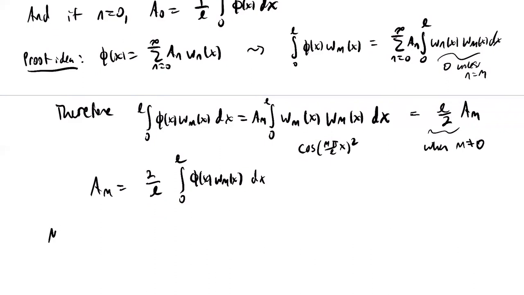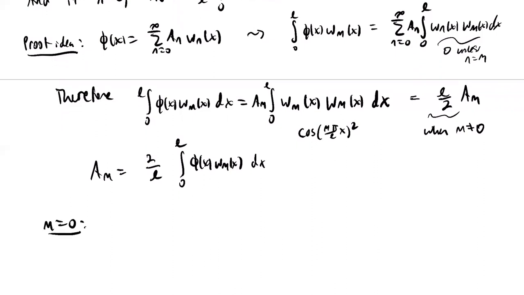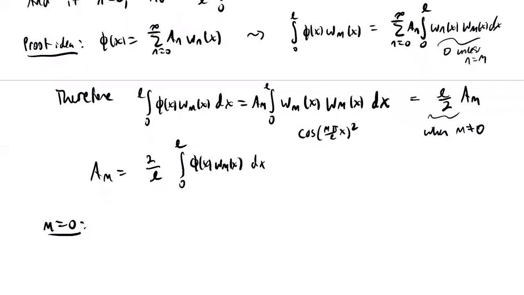Let's do the m equals 0 case independently, and this should clarify the confusion from before, so I apologize for that. Well, in the m equals 0 case, I'm looking at the integral from 0 to L of phi of x times w0 of x dx, which is just 1.